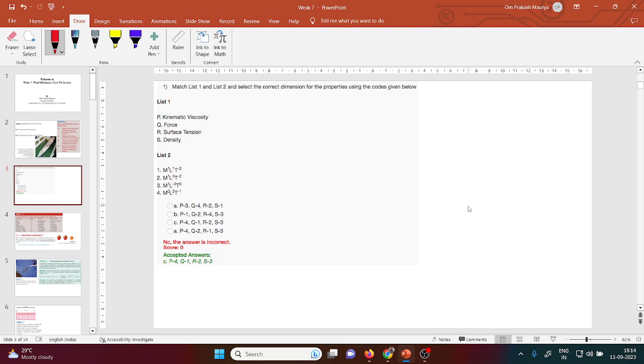Basically, what is kinematic viscosity? From the very basics of fluid mechanics, from the first lecture, the kinematic viscosity nu is equal to the dynamic viscosity mu divided by rho. This is the kinematic viscosity.